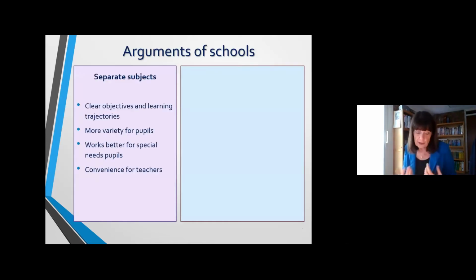Schools that opt for separate history lessons gave as arguments that they find it good that there are clear objectives and learning trajectories, and that these are guaranteed because they use these textbooks where authors have been thinking about the goals and the trajectories through primary school. They also thought it would be more interesting for pupils to have different subjects for history, geography, and science instead of one topic that they worked with for, well, maybe every afternoon or more than 3 hours in a week.